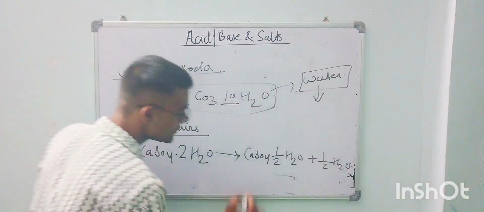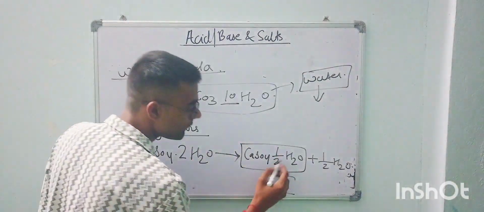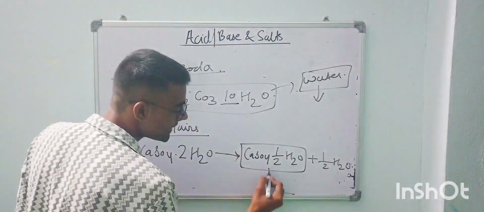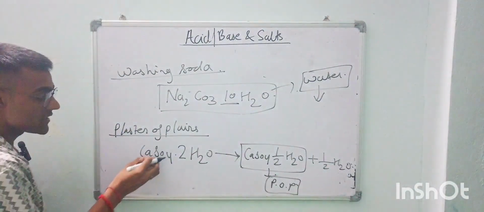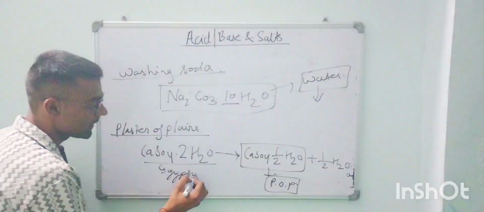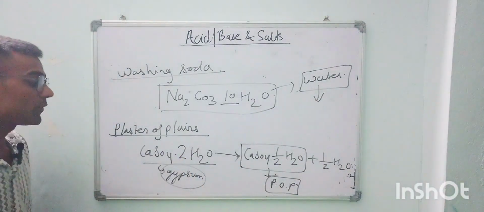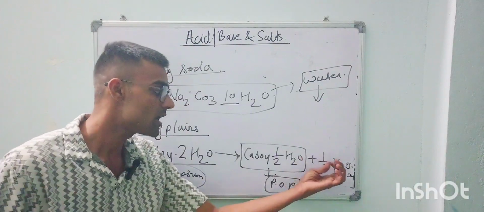So calcium sulfate plus half water is known as plaster of Paris. And calcium sulfate plus 2H2O is known as gypsum. When gypsum reacts, there is a formation of plaster of Paris plus water.